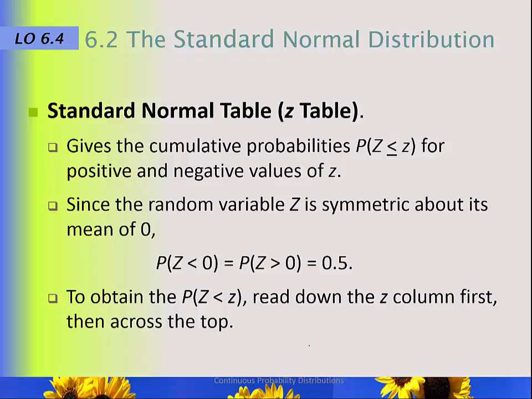Likewise, between negative 1 standard deviation and the mu of 0, we'll have another 34% of the population. So let me show you what I am talking about by using just a picture of the normal distribution.